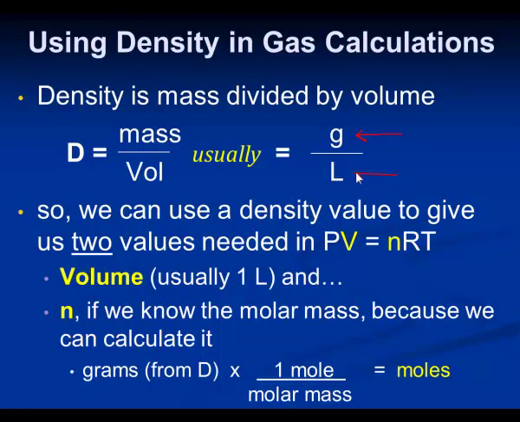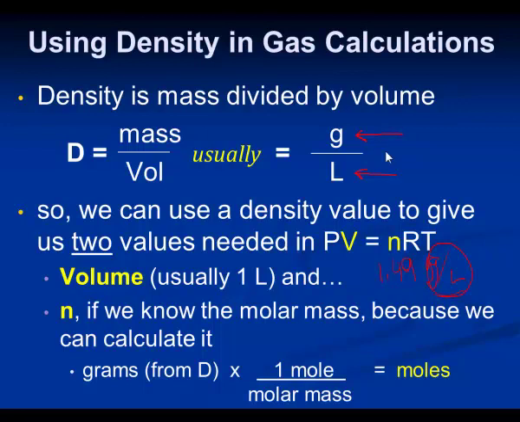Gases are not very dense, so grams, a relatively light mass, per volume of a liter, a decent sized volume. Usually when we're given a density in a question for a gas, it may be something like 1.49 grams per liter.